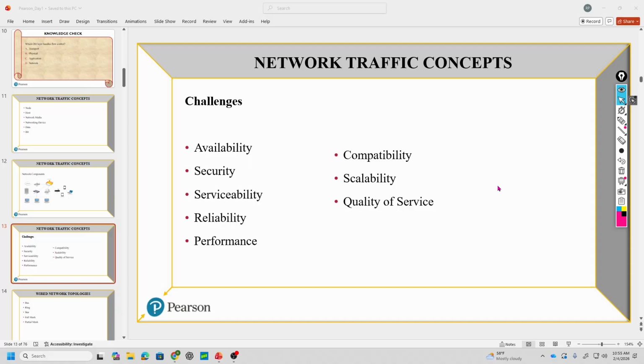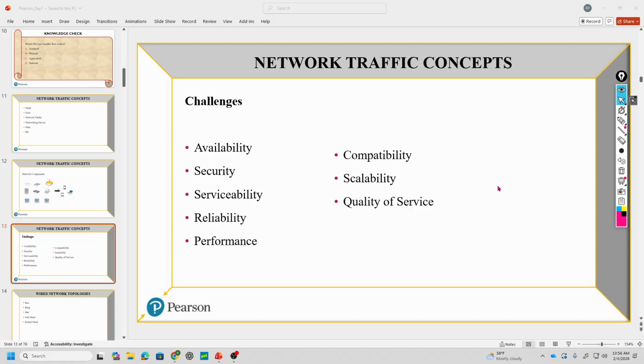Compatibility. So are my devices all compatible? If I add a new device into the network, will it be able to communicate with what I already have? Scalability. How able am I to add new equipment and either grow or even shrink the network when I need to, okay?